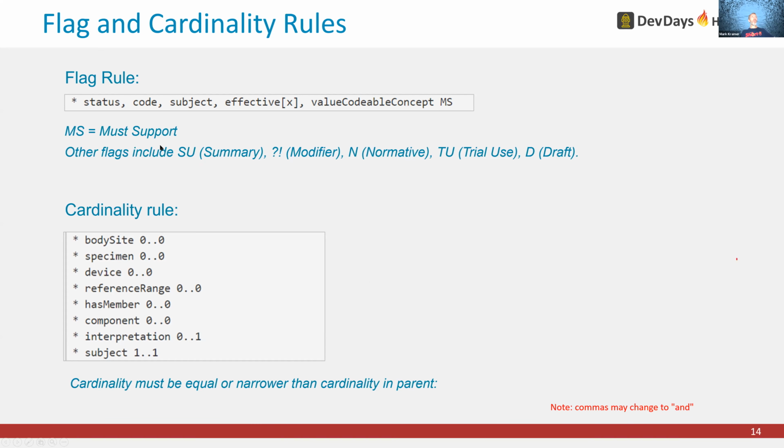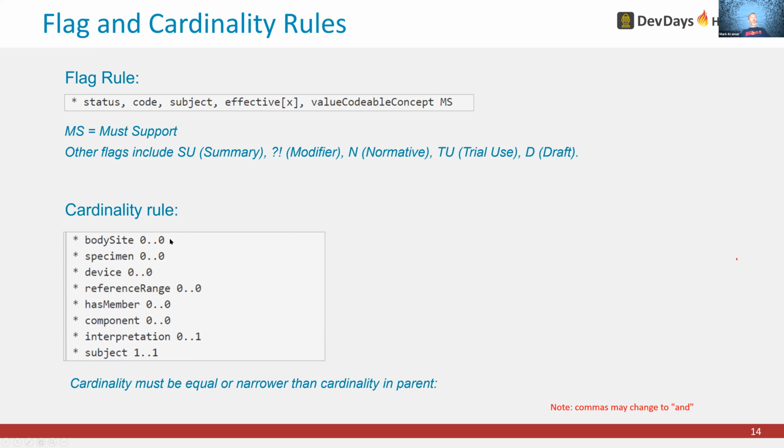And all you do there is make a list of the names of the elements followed by the symbol. We use MS rather than S for must support, just to distinguish it from summary. We're doing plain text, and sigmas don't work very well if you're familiar with the way those are depicted in an IG. Also, you can declare an extension as a modifier, but that's kind of advanced.